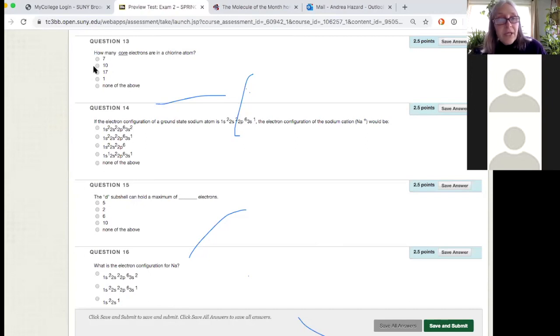You can tell by looking at this and knowing that the 6 for sulfur, for example, means 6 valence electrons. For chlorine, 17 is the total number of electrons, but the 7 in group 7 indicates it has 7 valence electrons. You just subtract to get the core electrons, or if you prefer, you could draw an electron configuration if that's easier for you.